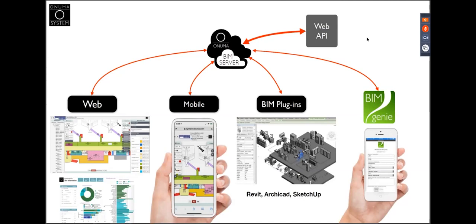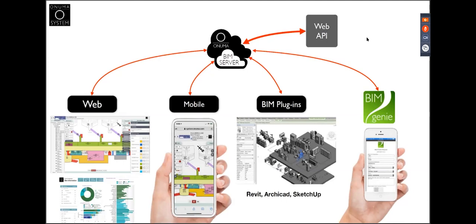And then down below that, other applications like dashboards. It's not only dashboards that could be built into applications, but separately on separate applications. In this case, we're showing a Google Sites that's reading data live from the ONUMA BIM server, the same data that would be showing up in the plan.